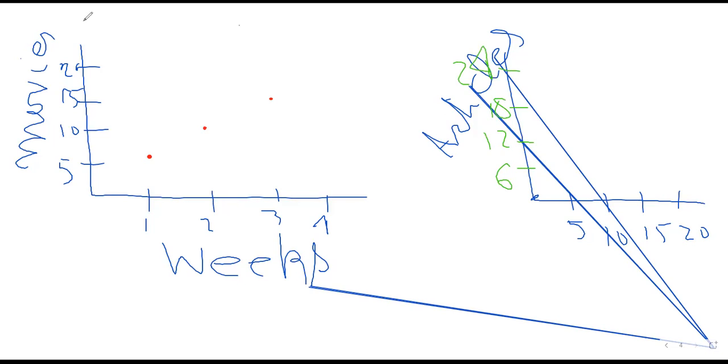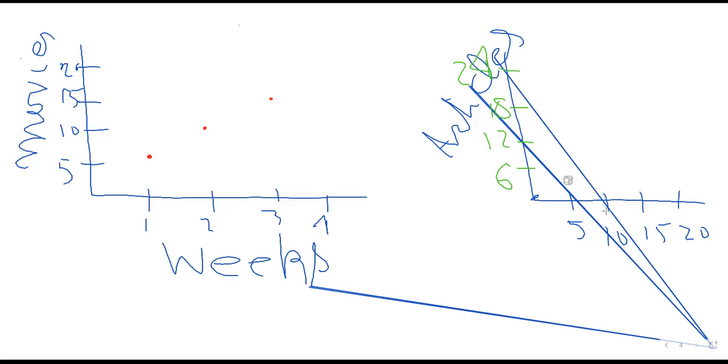Okay. So once again, I am just drawing these dots to represent this one. So when she watches 5 movies, at the same time she is writing 3 articles.